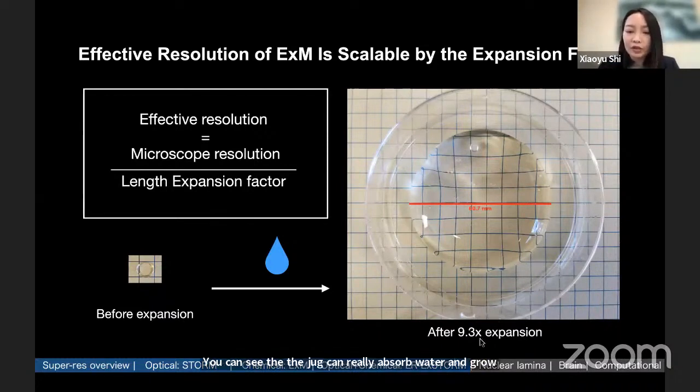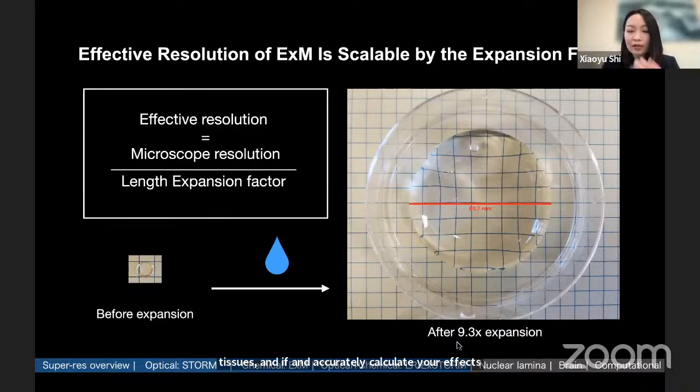And here what we achieved is 9.3 times expansion. So for every experiment, you need to measure the gel size after expansion to get the length expansion factor and have your accurate size, so that you can scale back to the original size of your cells and tissues, and accurately calculate your effective resolution.